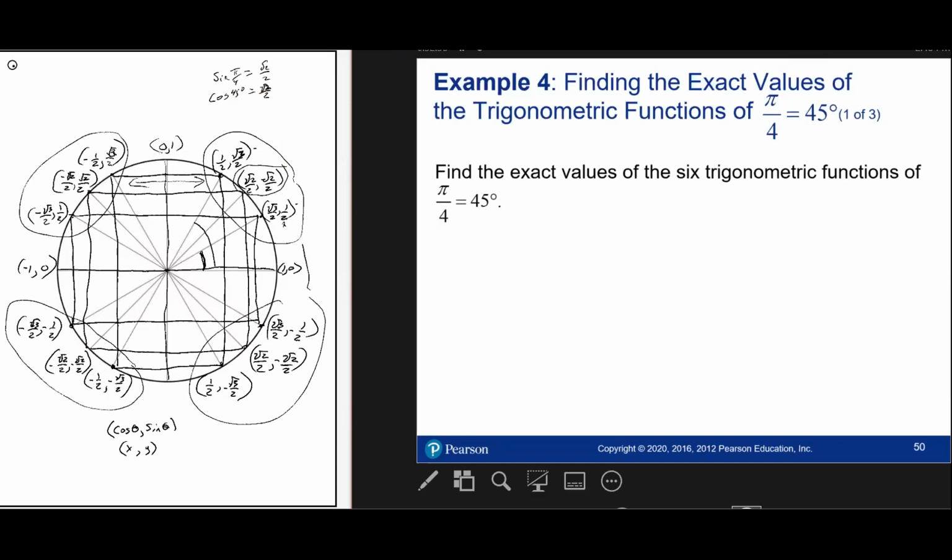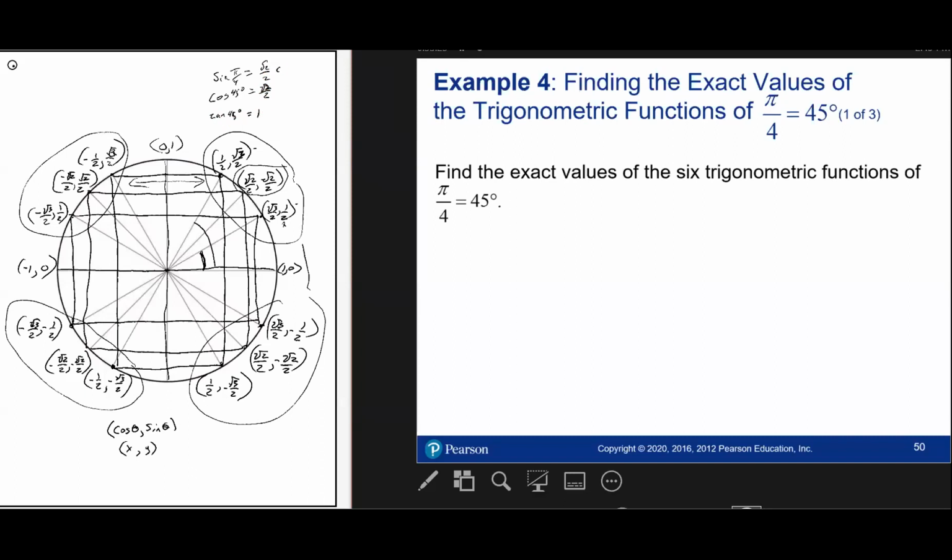And since tangent is sine over cosine, then that's just the same number over itself. So the tangent of 45 degrees, so I wrote 450 because I made my degree symbol too big, is 1, because x and y are equal.